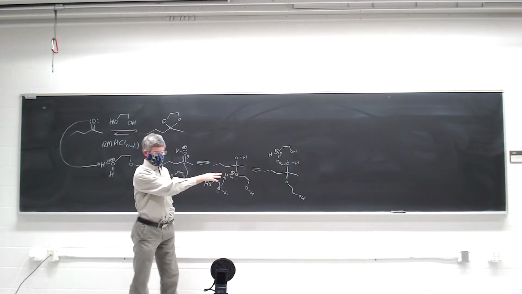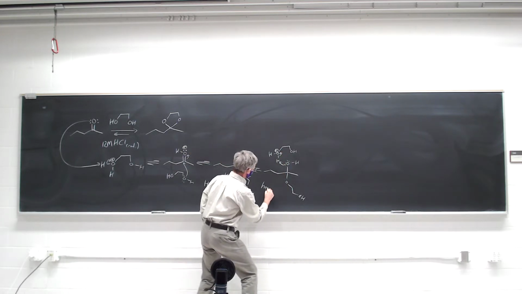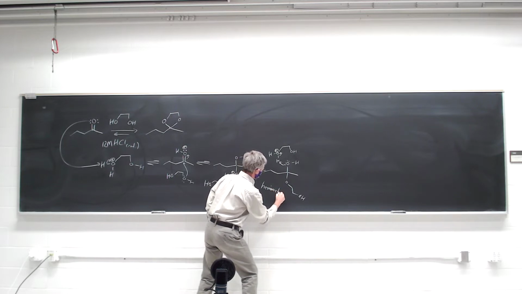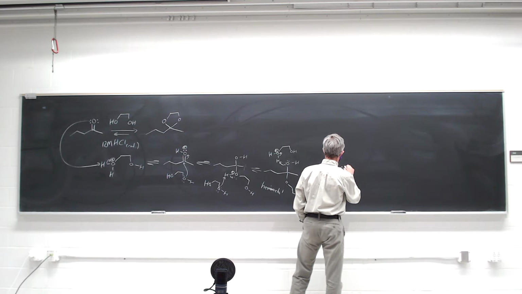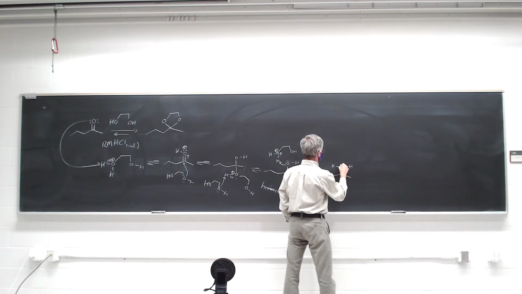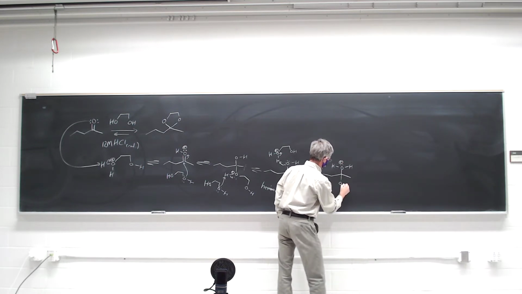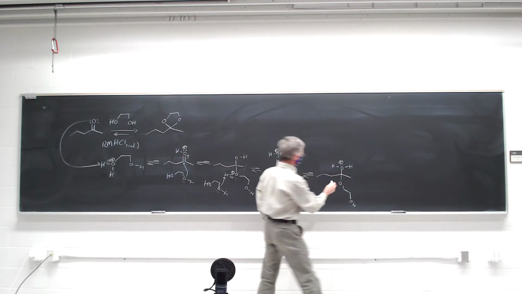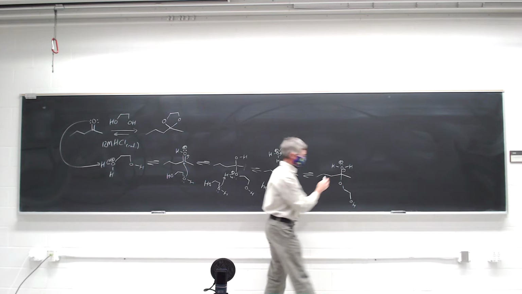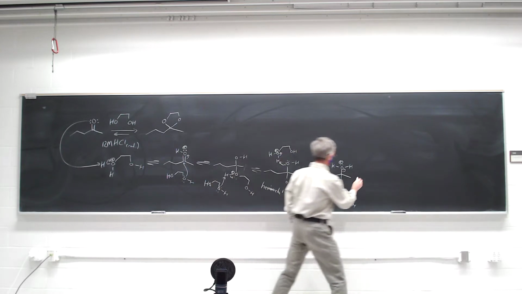And you'll recognize that intermediate there as the hemiacetal. Water can then leave, and you can either just have it leave, or you can push it out with a lone pair from the other oxygen.